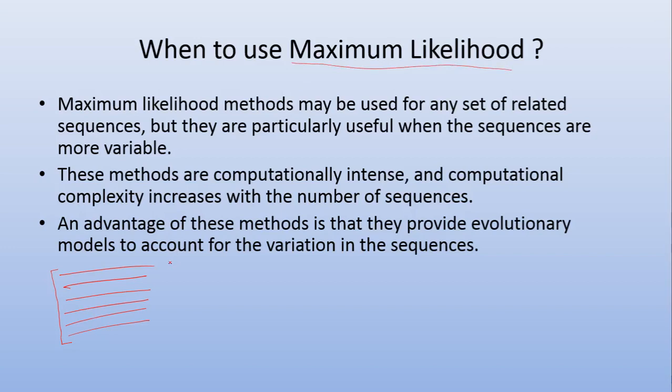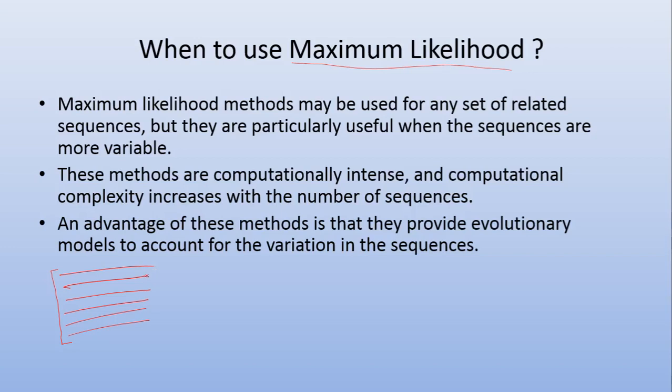So it is particularly useful when the sequences are more variable. These maximum likelihood methods are computationally very intensive, and the complexity of the computation increases when the number of sequences increases.